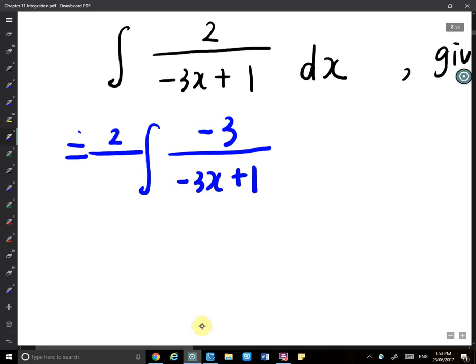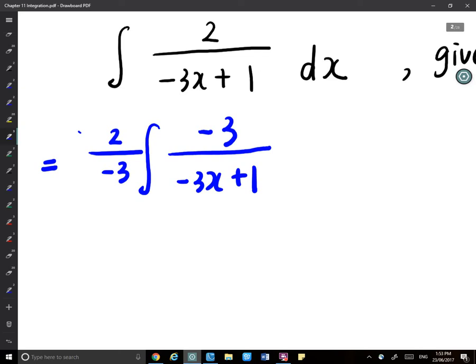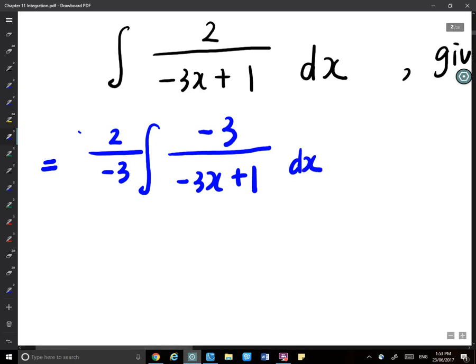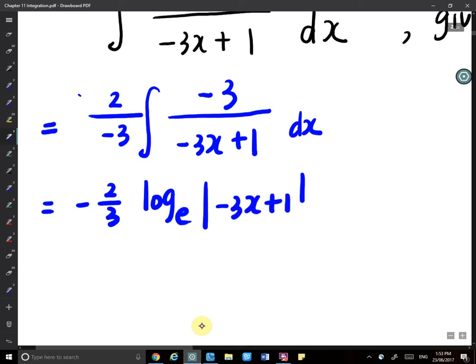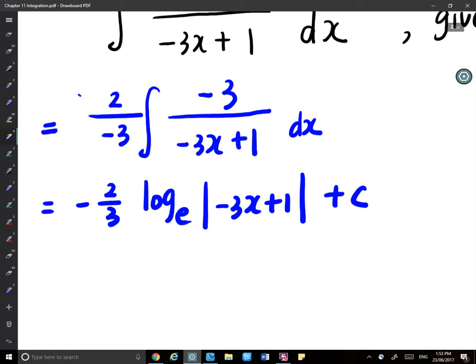I still have this 2 outside, and I will divide by -3 and dx. So what I will have is -2/3 log e. Remember I said there needs to be an absolute sign around it: the absolute value of -3x plus 1.